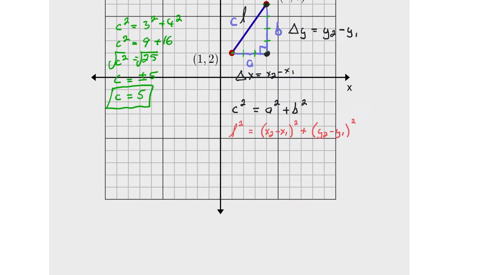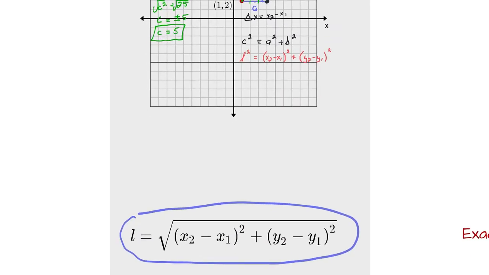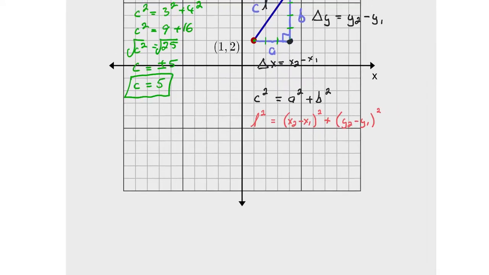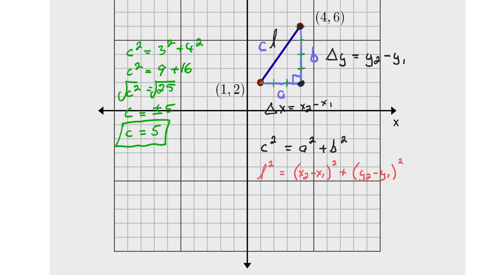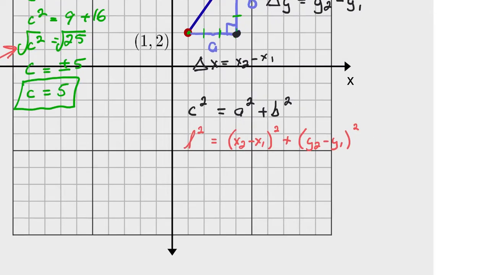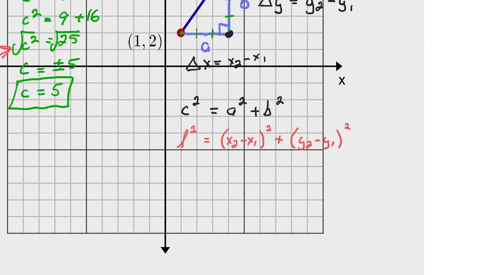Now, our formula is solving for L all by itself. And if you notice when I did the Pythagorean theorem, right near the end, I square rooted both sides. So I'm going to do that. I'm going to square root both sides, and that will give me L on the left, because the square root of L squared is L.